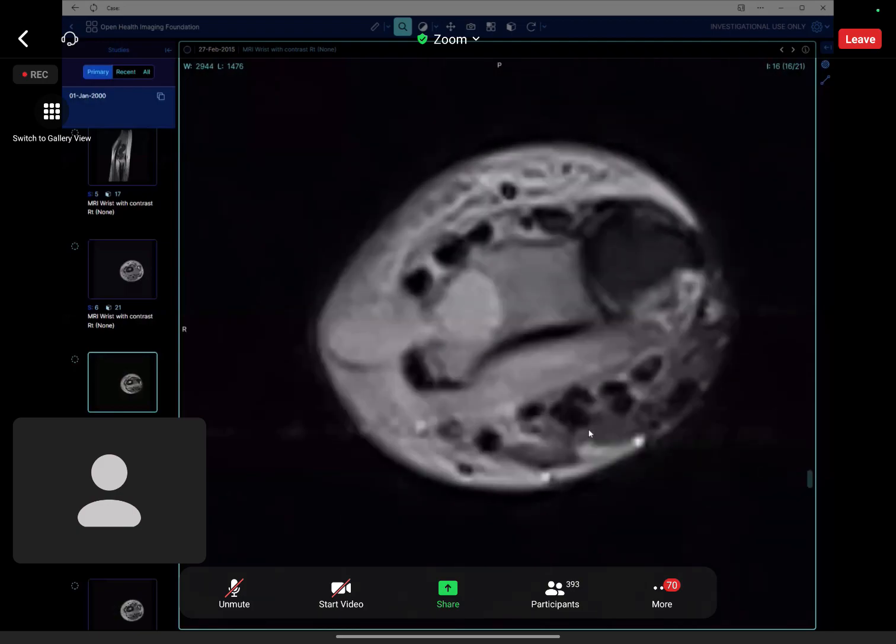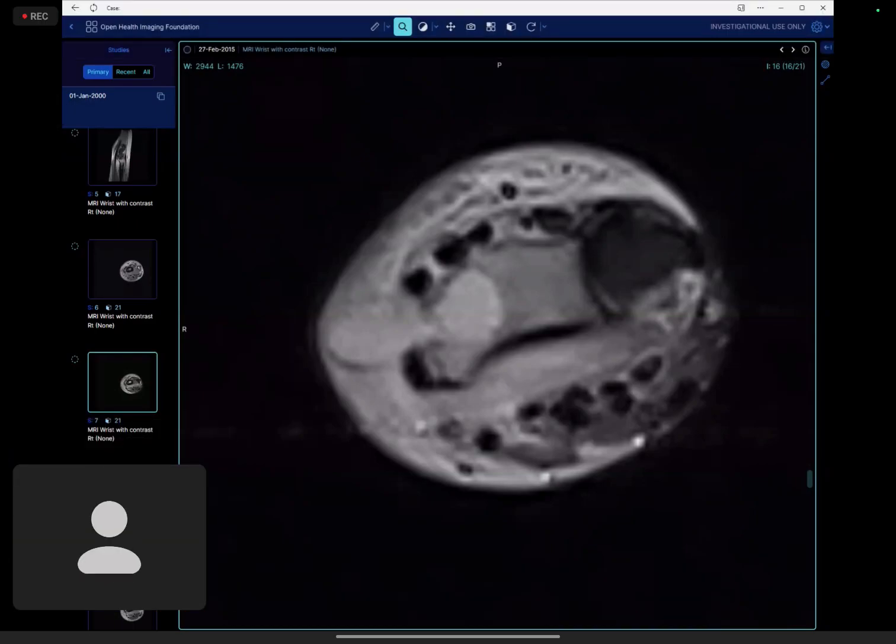Yeah, there's a cortical break here in the radial aspect, and this cortical break is leading into a subperiosteal and deep soft tissue walled off collection. I'm trying to look for any hypointense focus inside.